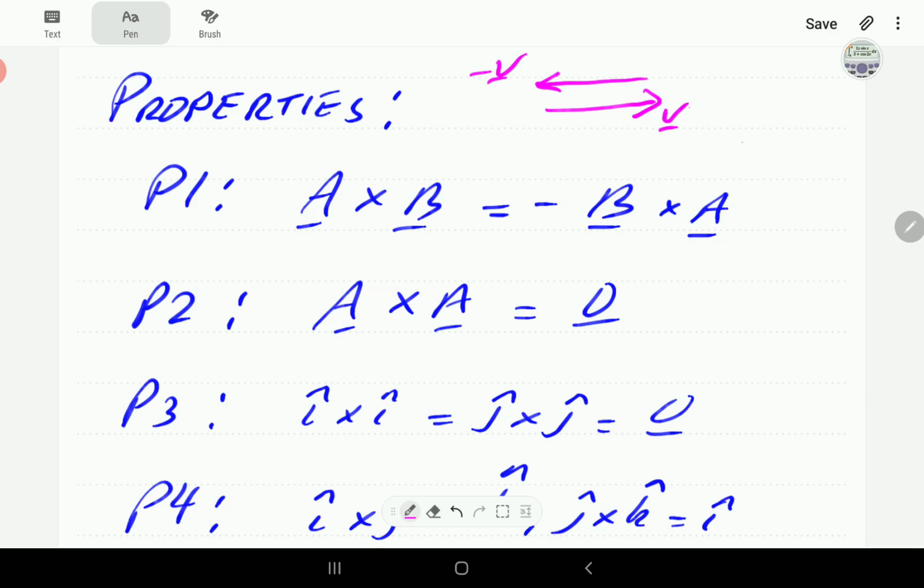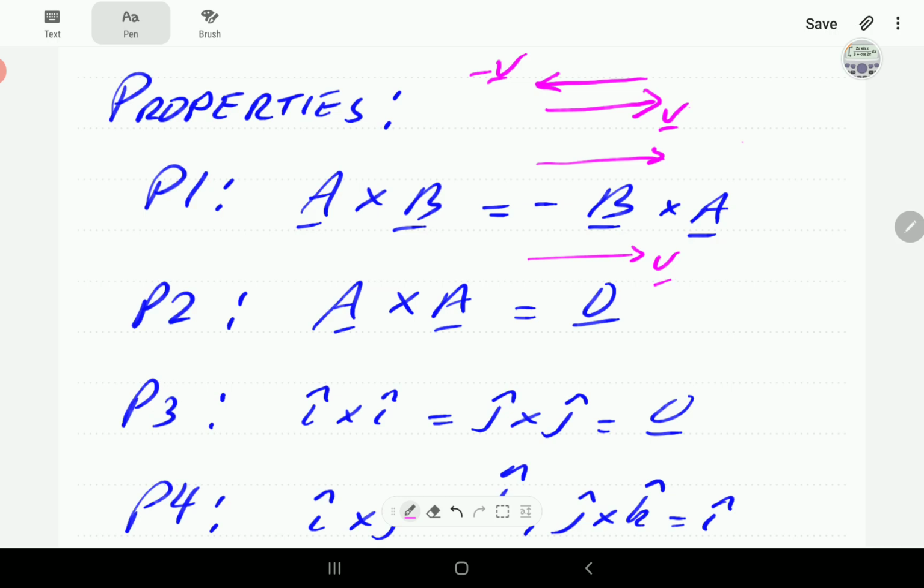Also remember that vectors are independent of the spatial location. So if this is V here, that's going to be V there, and V there, so long as they have the same direction and magnitude.